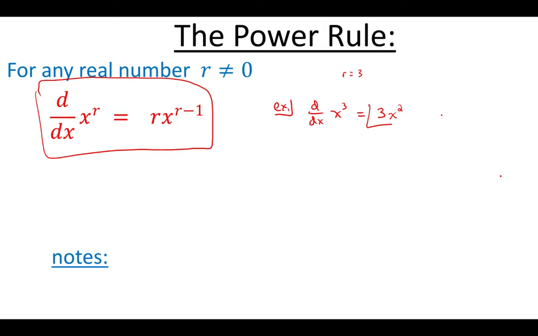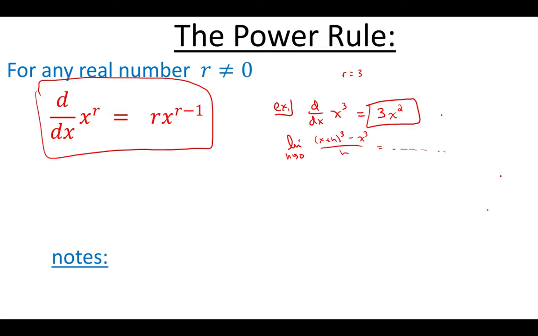That's our answer. Now, as you can see, that was way, way easier than actually doing the limit definition, which would look something like this. Limit as h goes to 0 of (x plus h) cubed minus x cubed over h. We would then have to multiply the (x plus h) cubed out all the way, and then eventually cancel the h's and all that stuff. This was way easier, right?